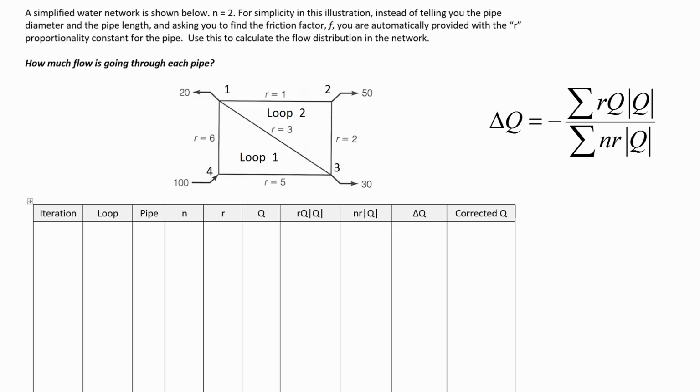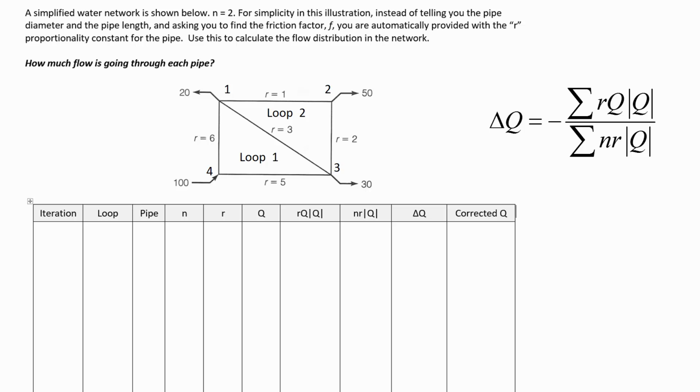But let's look at our directionality. Remember, clockwise is positive. So when I start writing in my flow rates here, I better just write the junctions on here: 1, 4, 2, and 3.